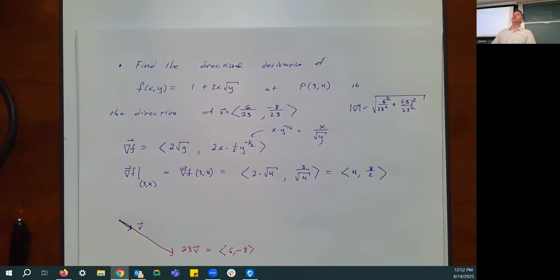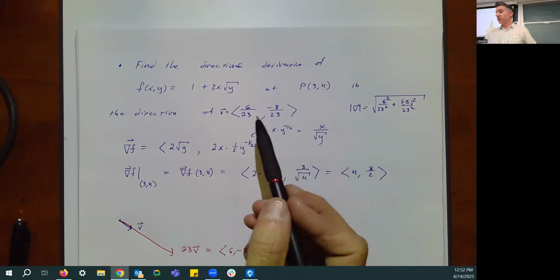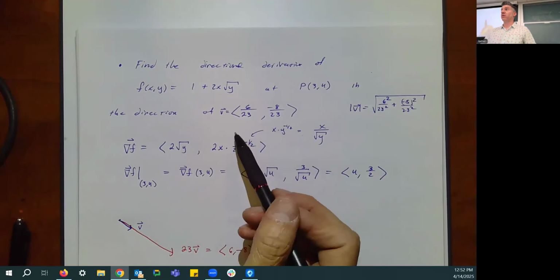So if you're ever trying to normalize, which is when you make a vector into length 1, and it looks kind of crappy, you can make it nicer before you normalize it. You're allowed to multiply it by any non-zero number you want. So if you've got terrible fractions, multiply by the denominator, get rid of the denominator.